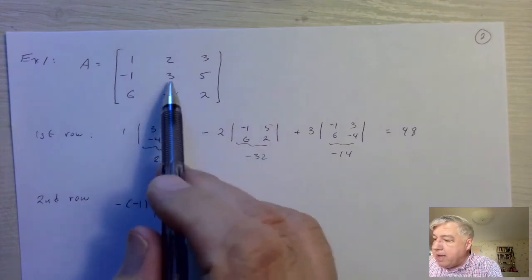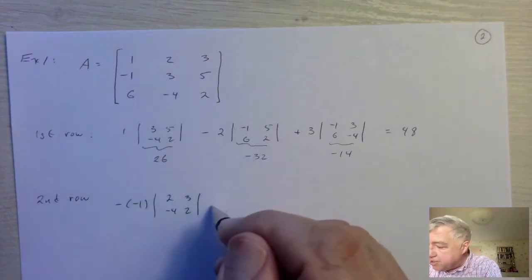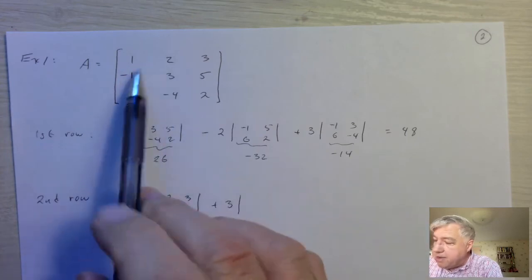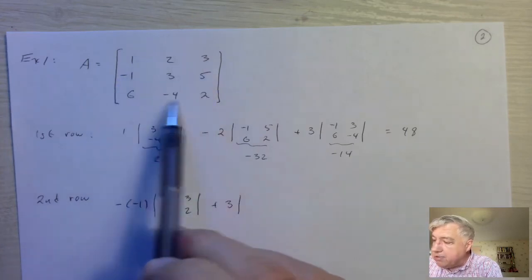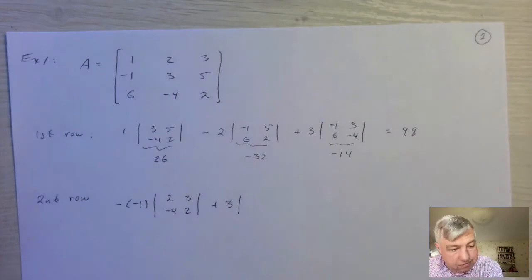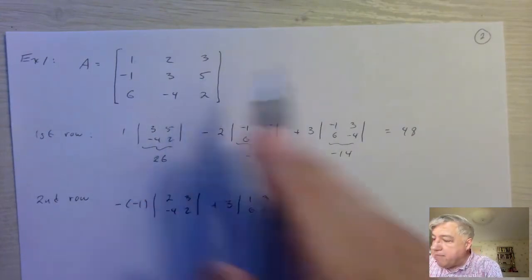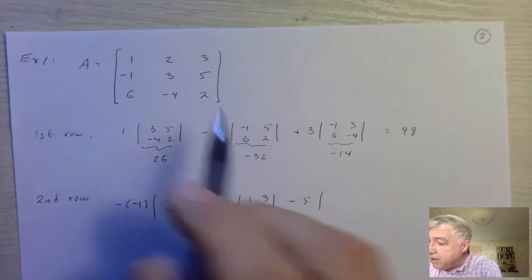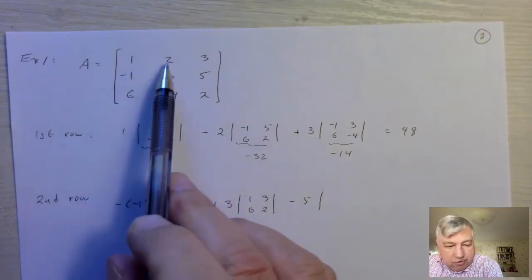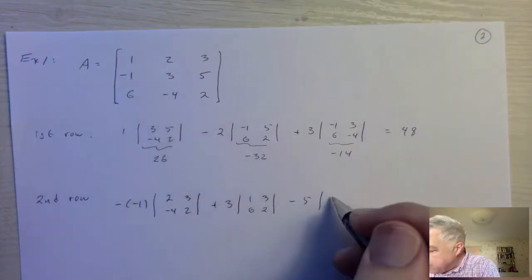Okay. Now this is the 2, 2 position, so that's plus 3 times the matrix 1, 3, 2, 1, 3, 6, 2. And then we have minus 5 times the determinant of 1, 2, 6, negative 4.